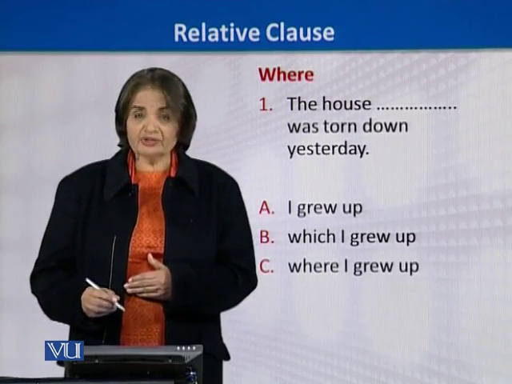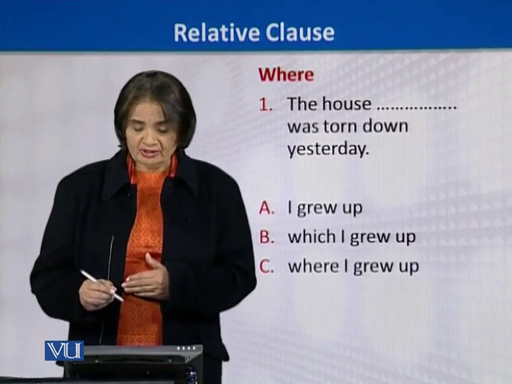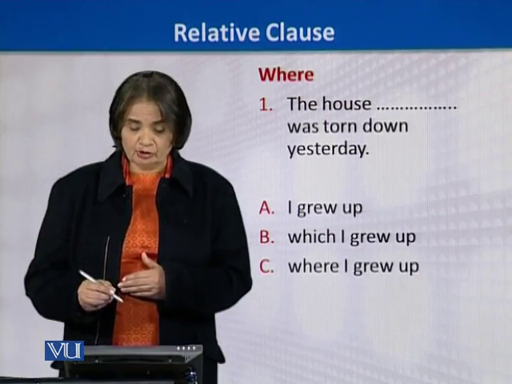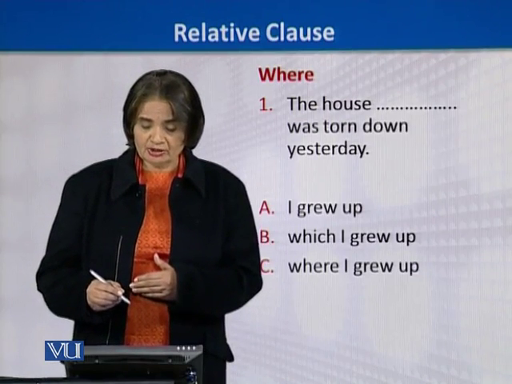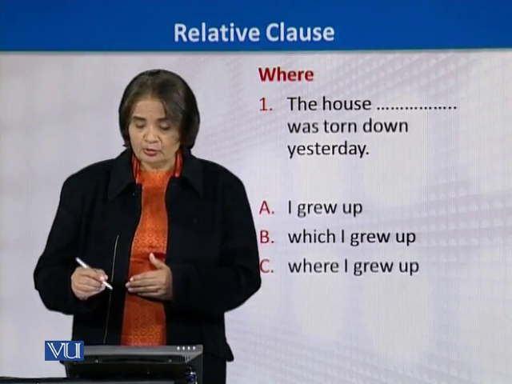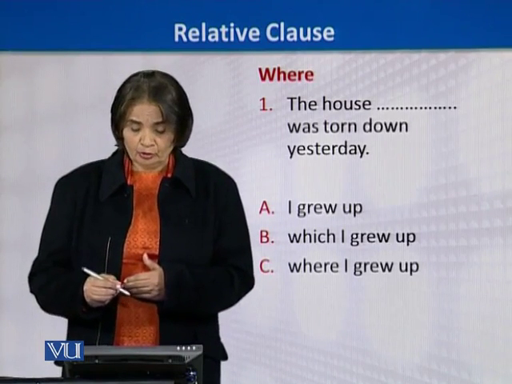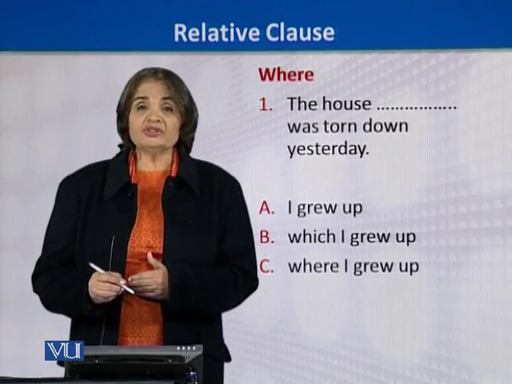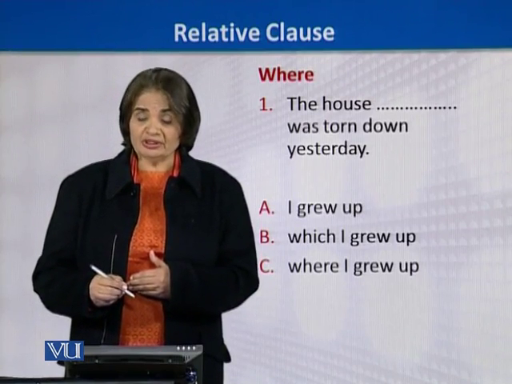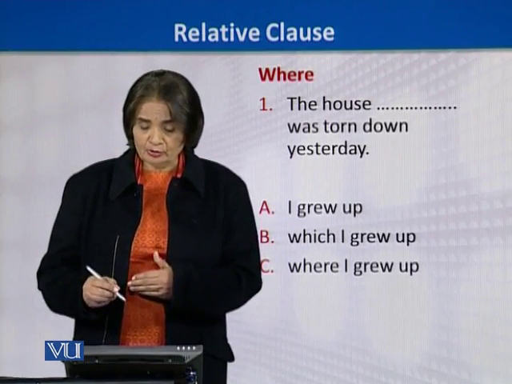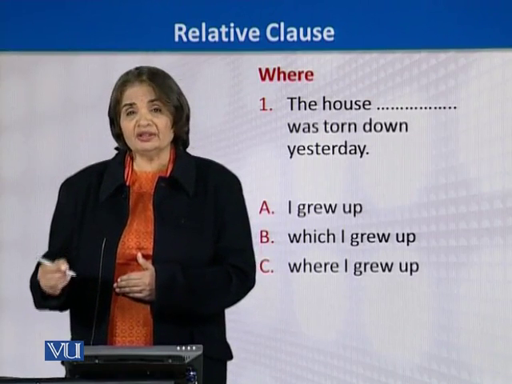We cannot use the first option, because if I have to use the first option, that means I should say the house in which I grew up. Then I have to add in. Also, if I am using the second option, that means I will say the house which I grew up in.